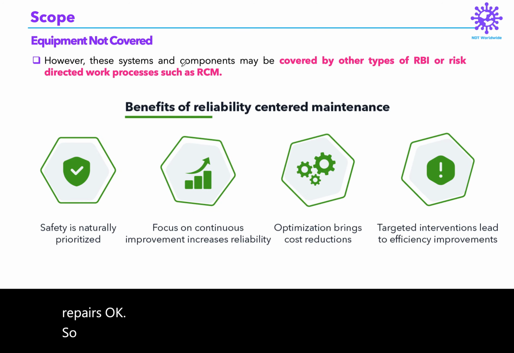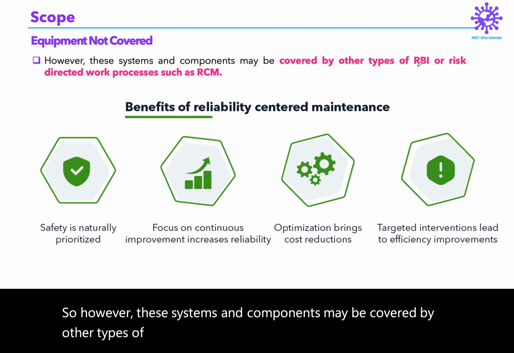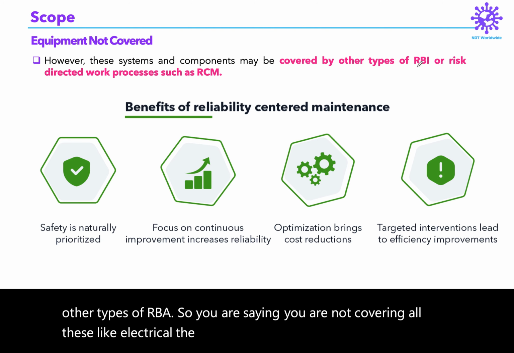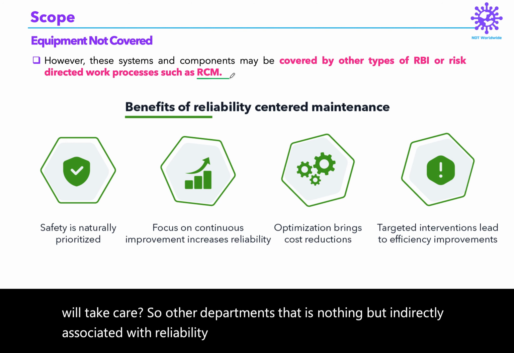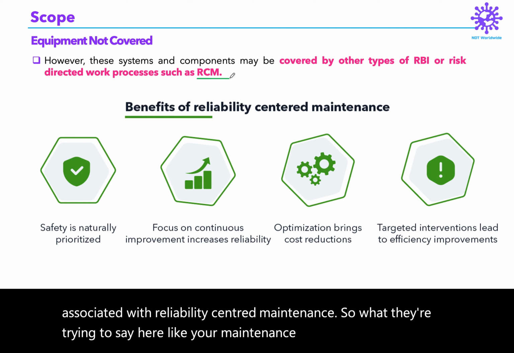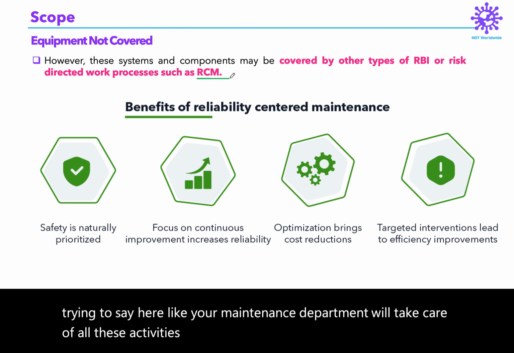However, these systems and components may be covered by other types of programs. So you're saying you're not covering the electrical, the instrumentation, all these things, but who will take care? Other departments, indirectly associated with reliability centered maintenance. Your maintenance department will take care of all these activities. They will assess the risk level.